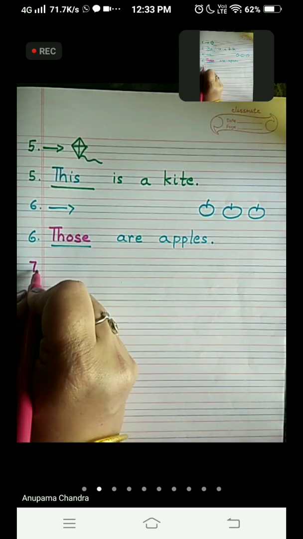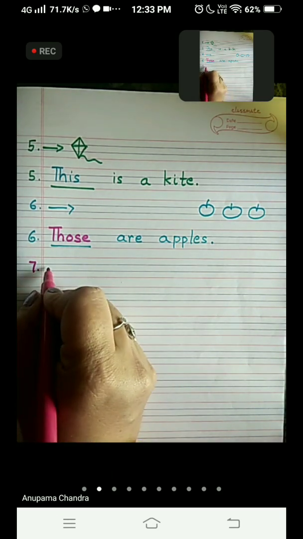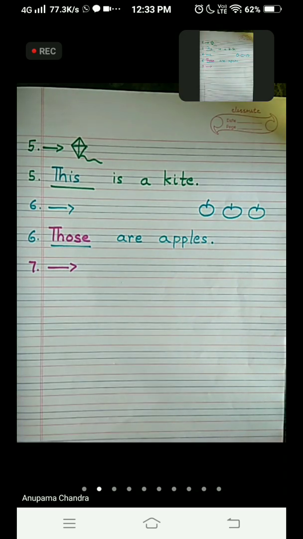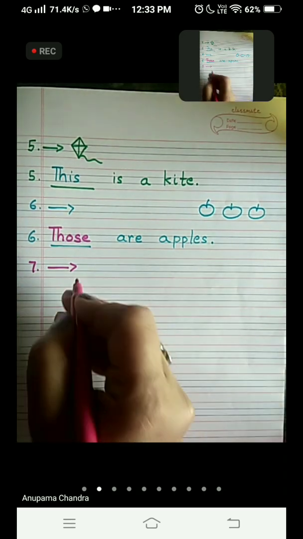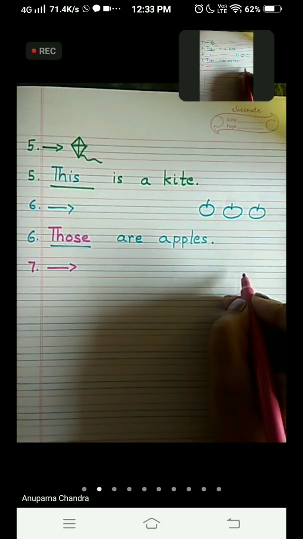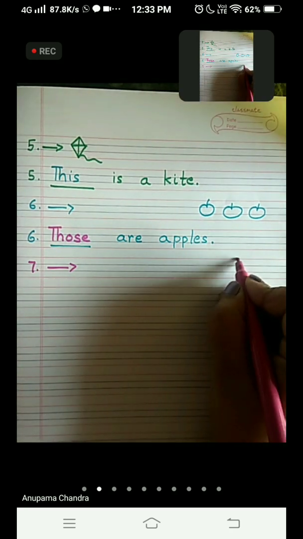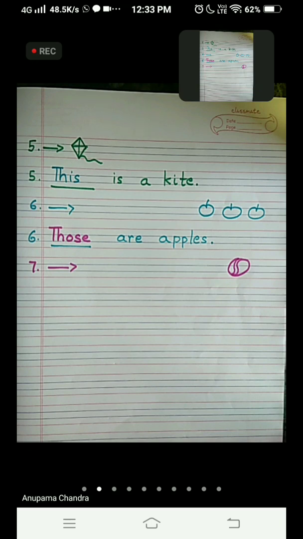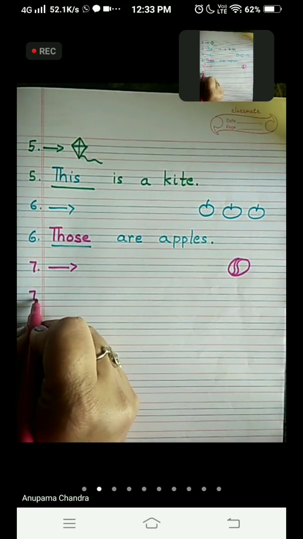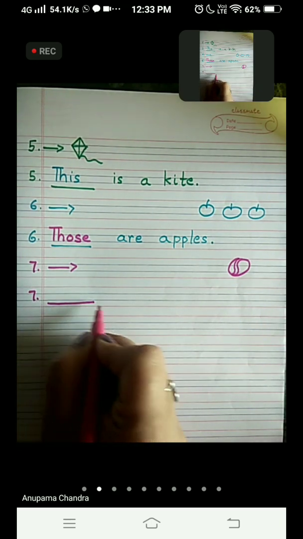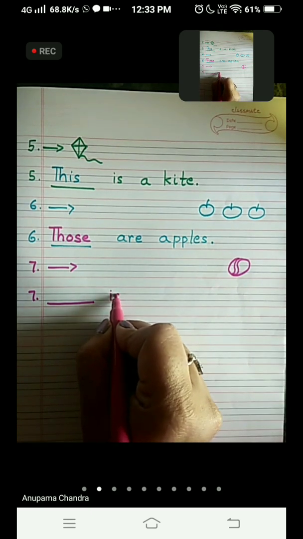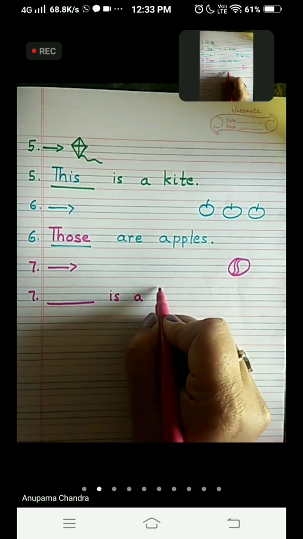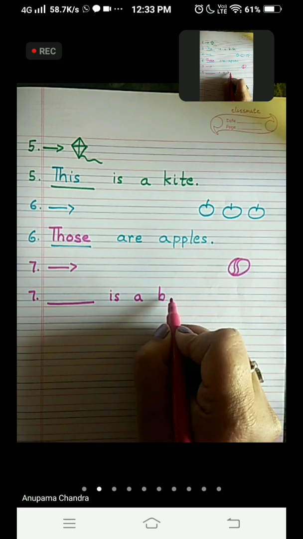Now we go for the 7th one. Make an arrow. And at the end of the page, you are going to make a ball. Only one ball. Okay? And the question is, dash is a ball.